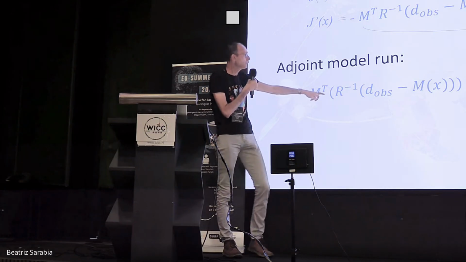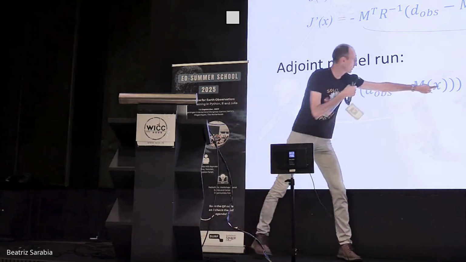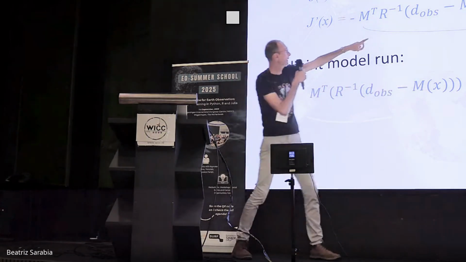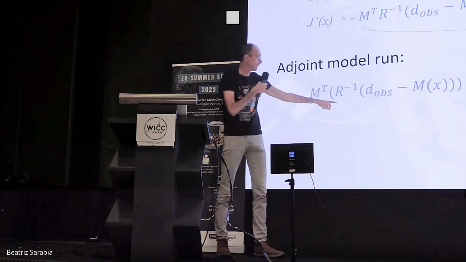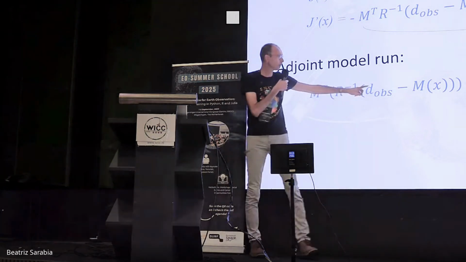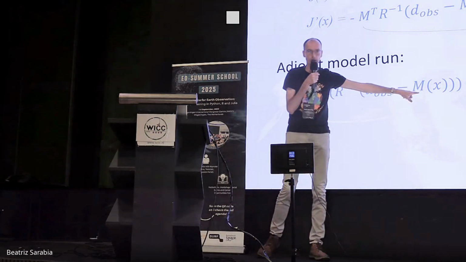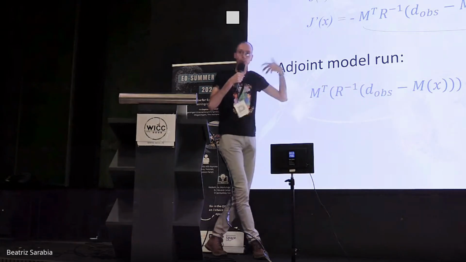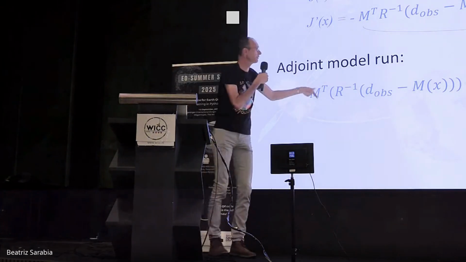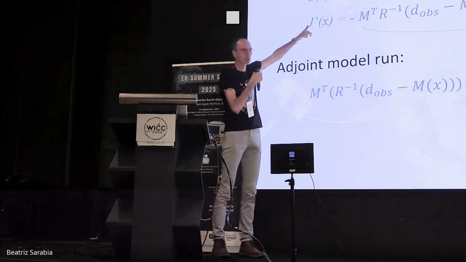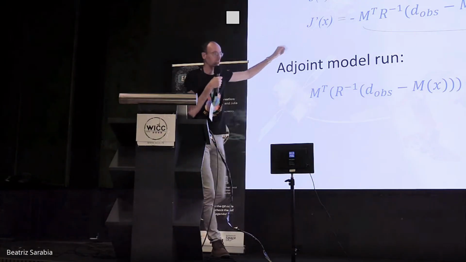This takes as input this term, which is basically the remainder, which is here. What it says is the difference between the observations and your forward model run. You put it as input into the adjoint one, and then it's going to evaluate everything you need to determine the gradient of the cost function.